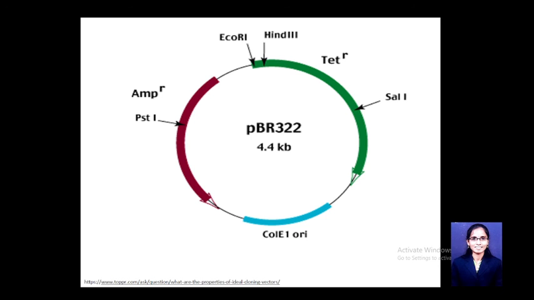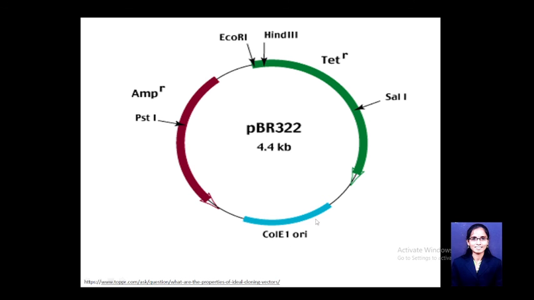So this is the restriction map. This is the map of pBR322, which has a size of 4.4 kilobase pairs, and these are a few of the restriction enzyme sites. EcoR1, HindIII, SalI are present in the tetracycline gene, and the PstI restriction enzyme site is present on the ampicillin resistance gene.